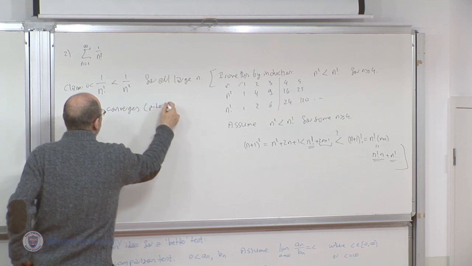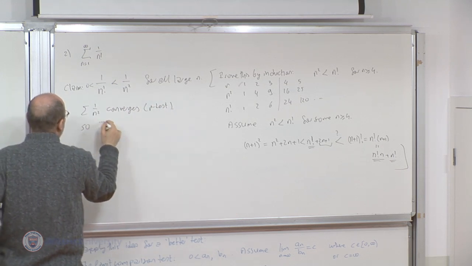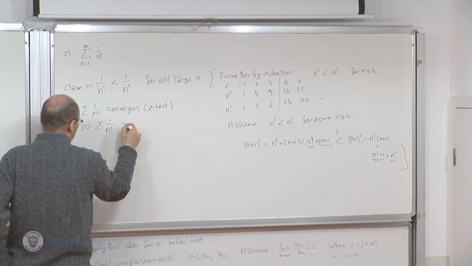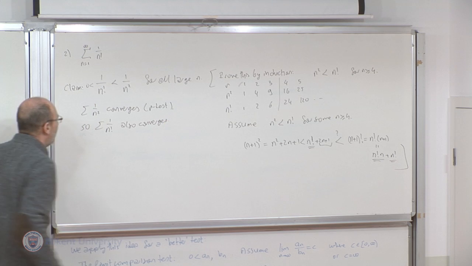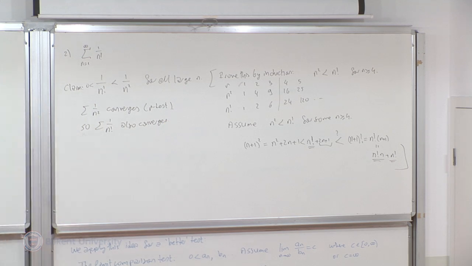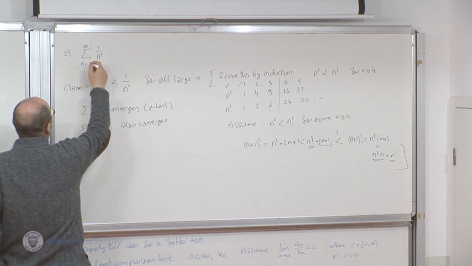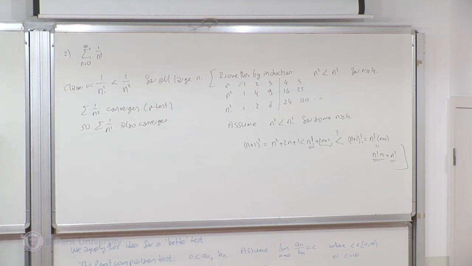P-test. So summation 1 over n factorial also converges. In fact, we start this from 0 with the convention that 0 factorial is 1. Then this number is actually equal to e.